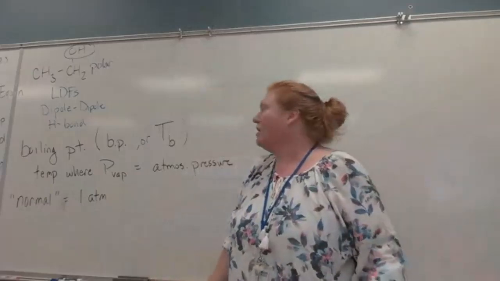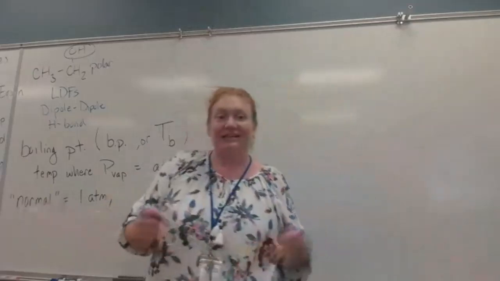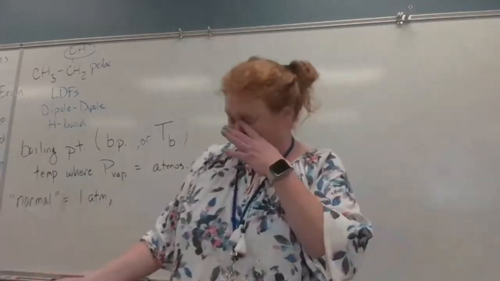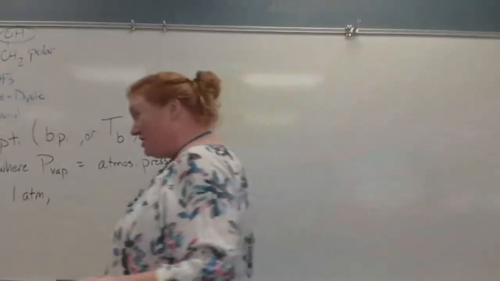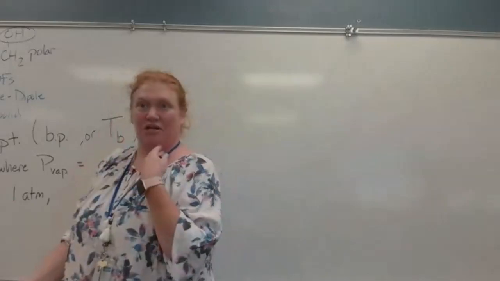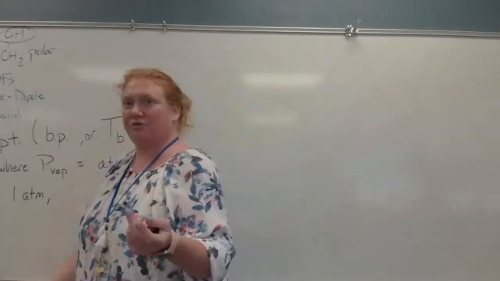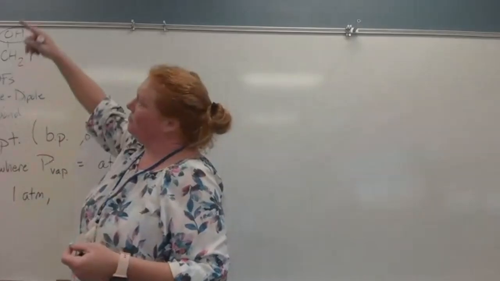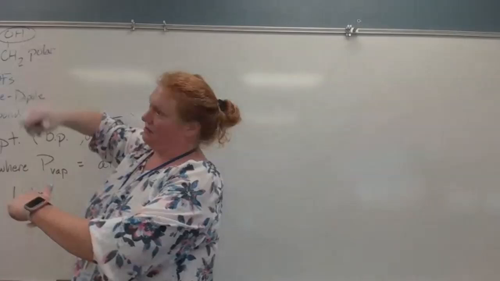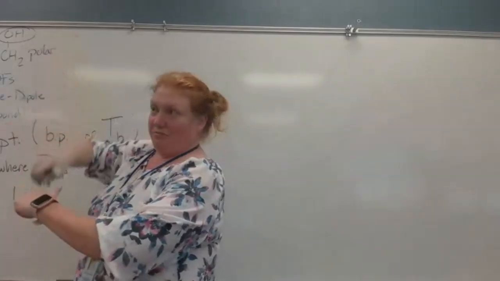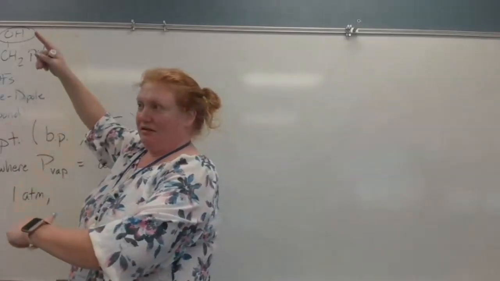We used atmospheres. In this particular chapter, we can use other units. Y'all recall another unit that we used back in Gen Chem 1 with gases? There's another unit we used a lot, and we got it from measuring a column of mercury in a barometer.